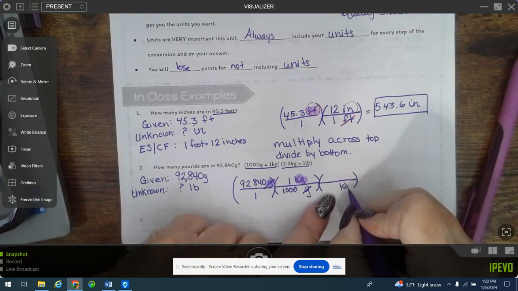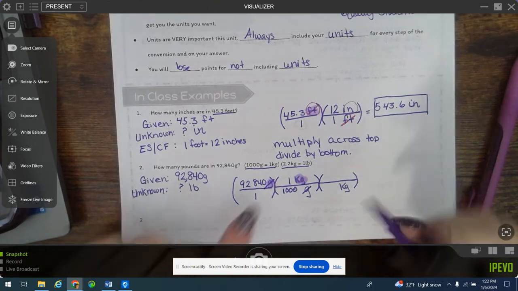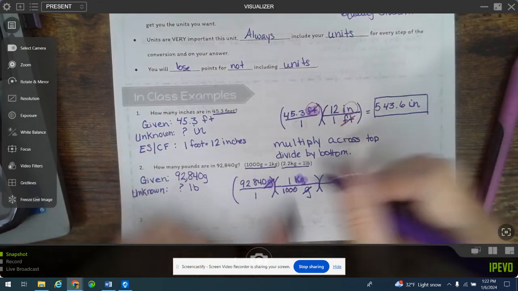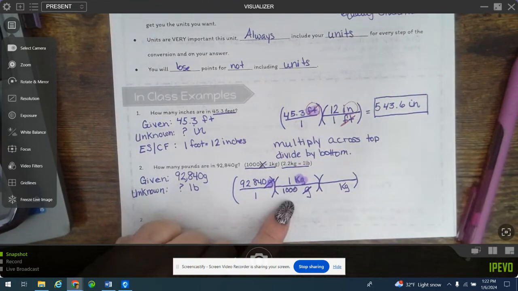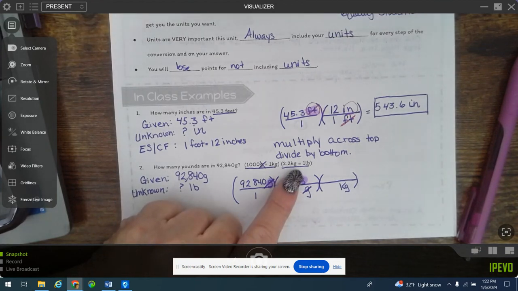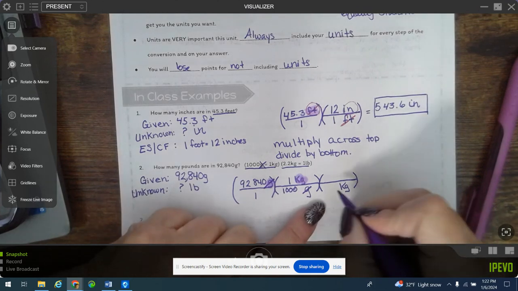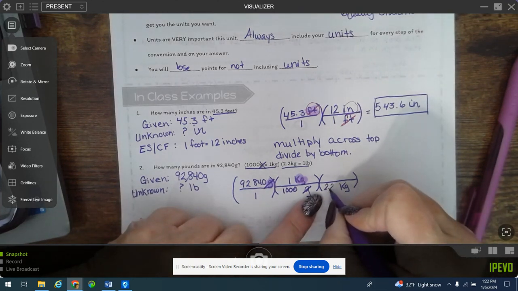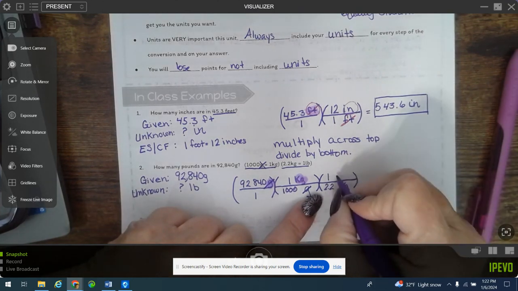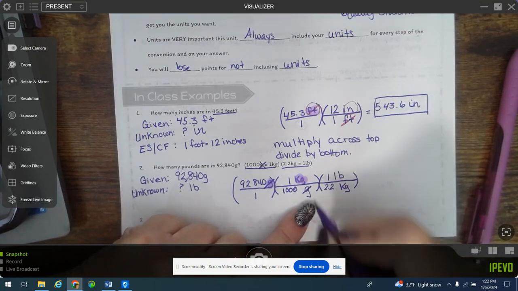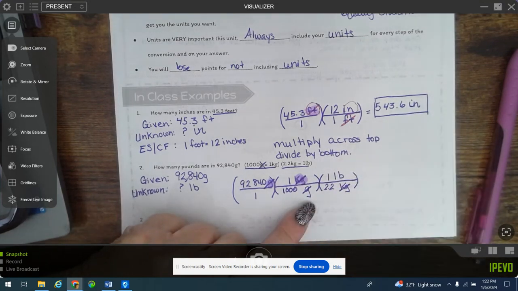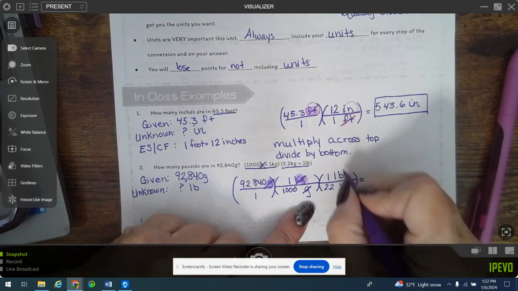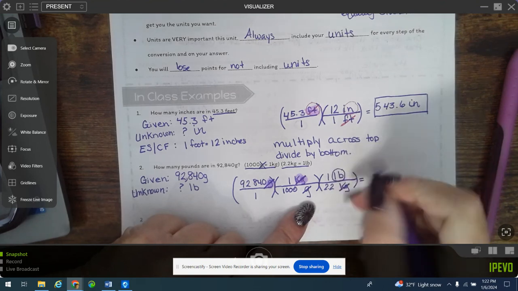If I look at my equality statements, I've already used this one. I'm not going to use it twice. So I'm going to use this equality statement: 2.2 kilograms is equal to 1 pound. So 2.2 goes on the bottom and 1 pound goes on the top. This way, my kilograms cancel out and leave me with the unit that I'm looking for, pounds.